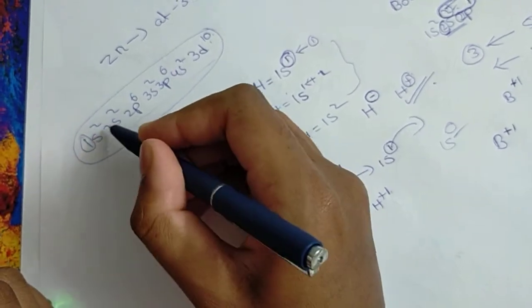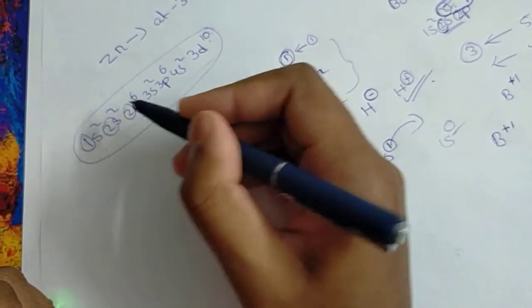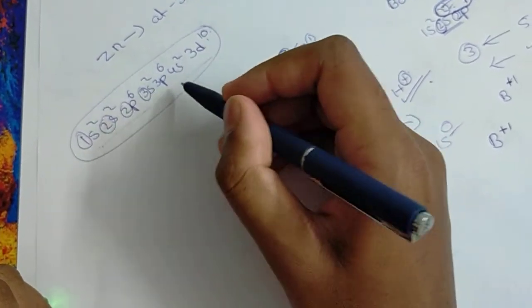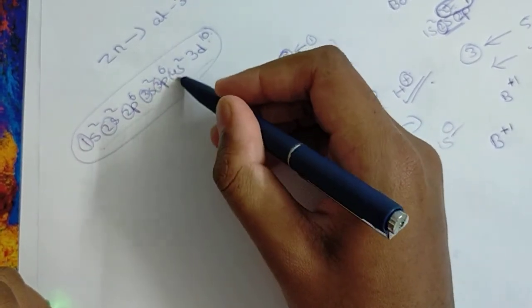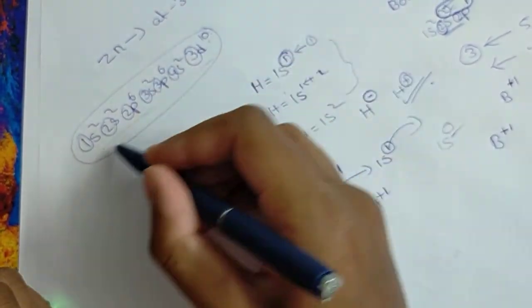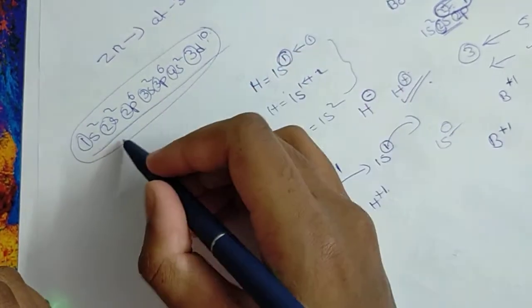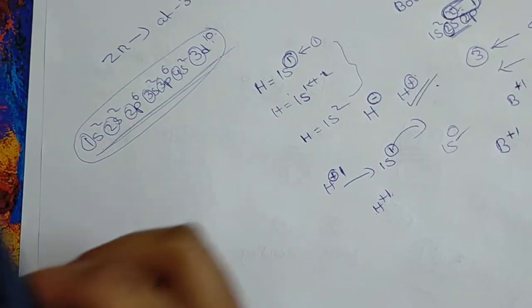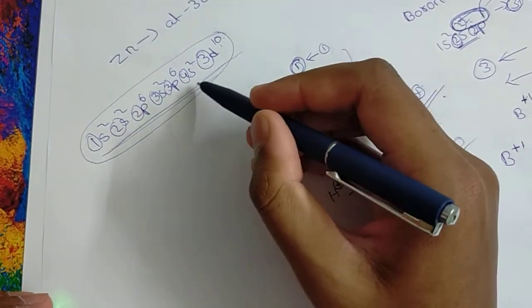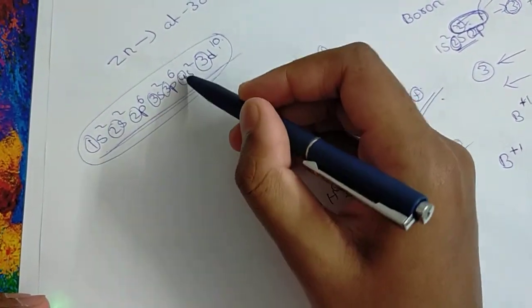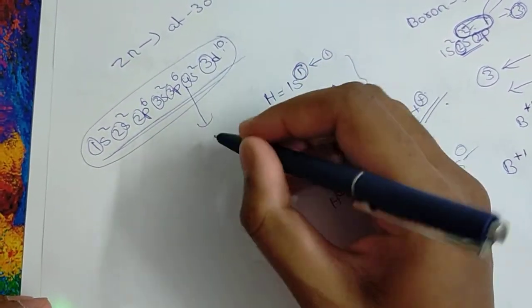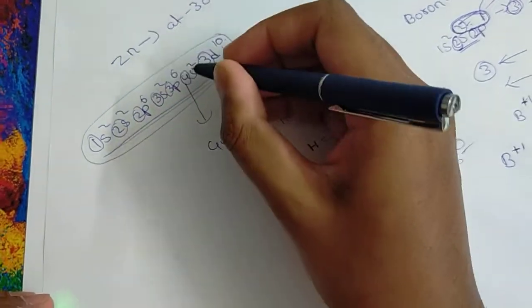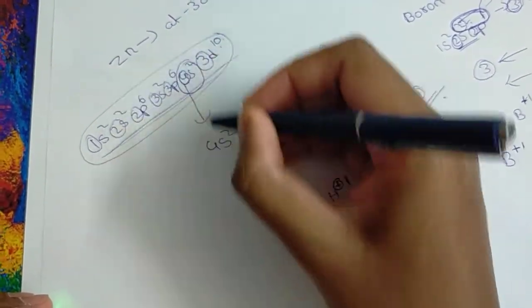First shell, second shell, third shell, fourth shell. There is a particular order for this electronic configuration. I have said it, hope you remember that. So find out the valence shell. The valence shell is the fourth shell.